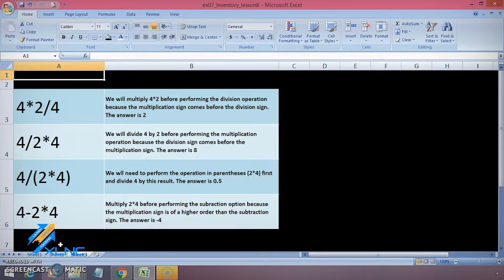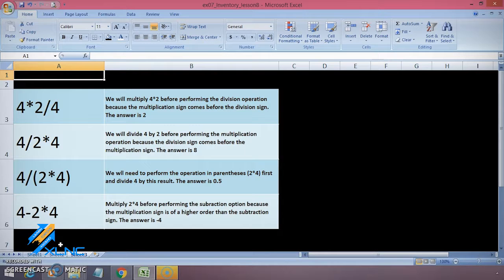What about this one? We'll divide 4 by 2 before performing the multiplication operation because the division sign comes before the multiplication sign. The answer here is 8. Now let's add parentheses and see how that changes the problem. We'll need to perform the operation in parentheses, it's 2 times 4 first, and divide 4 by this result.